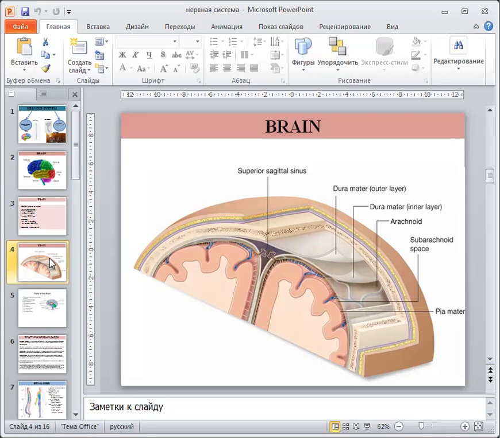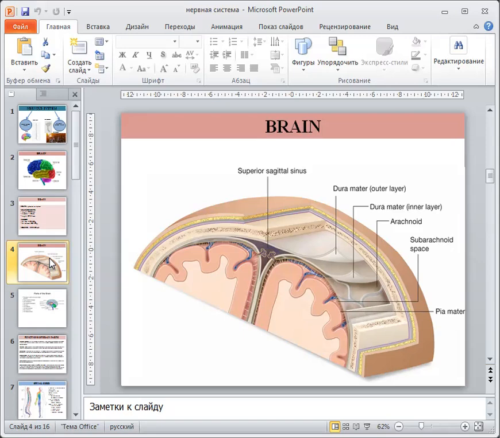The brain's hard shell is the periosteum of the skull. It is built of dense connective tissue. Its inside is covered with flat wet cells. The hard shell tightly grows together with the skull bone.